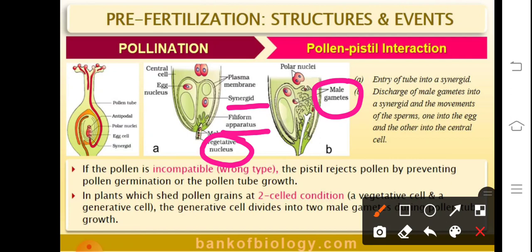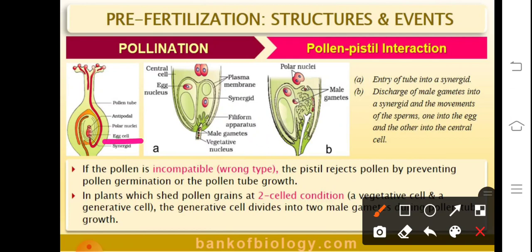We can see that the pollen tube in this pictorial representation has entered through the micropylar end. The two male gametes which are released, out of that one will fuse with the polar nuclei and the other will fuse with the egg so as to produce the zygote.